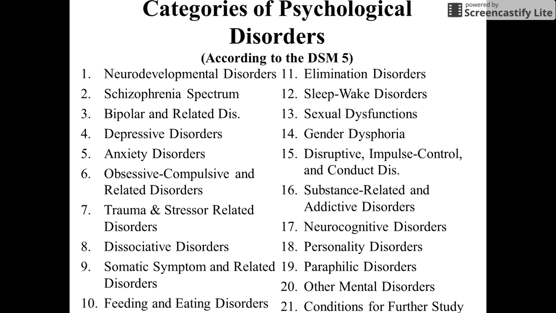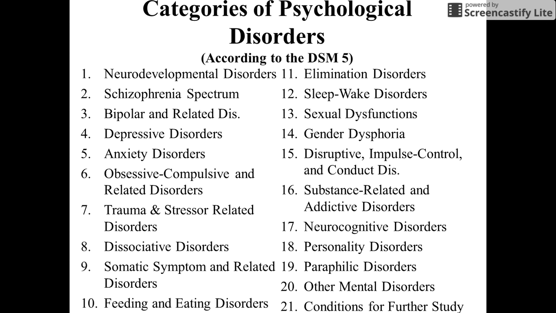So here is a chart of the different categories of disorders that we will look at. Again, we won't look at all of them, but it might be good to copy and paste this chart and keep it in your book. The book starts with neurodevelopmental disorders at an early age, and then schizophrenic disorders, bipolar related disorders, depressive disorders, which talk about mood, anxiety disorders, whether it's panic or OCD.